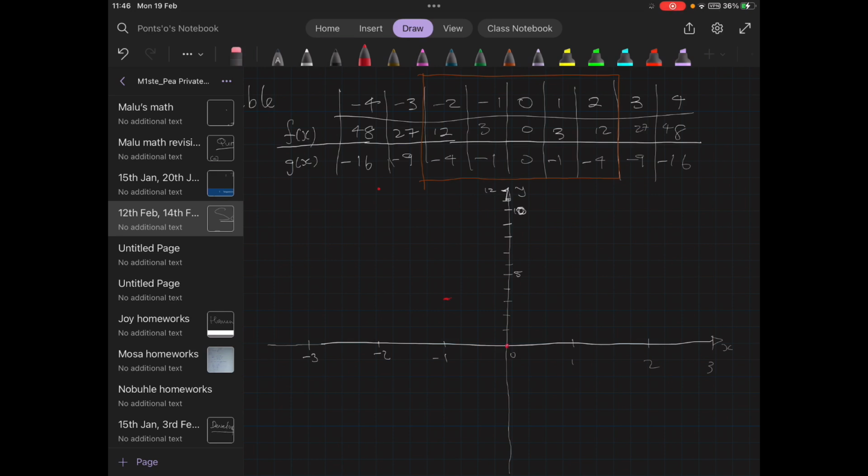At 0, it's at 0. And at 1, it's again at 3. And at 2, it's at 12 again. So it's way up there. Then when we draw our parabolic curve, it does a shape like that.